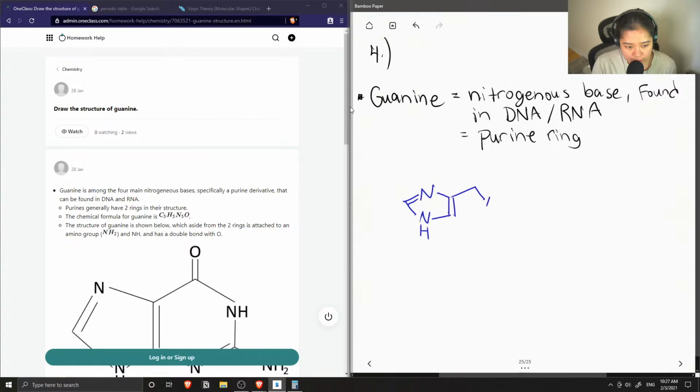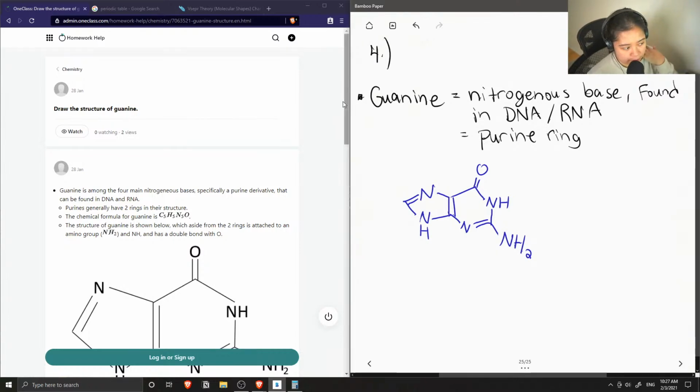And then in the second ring, we have a 6-membered ring with a double bonded oxygen and another amine group on the side. So this is the structure of guanine.